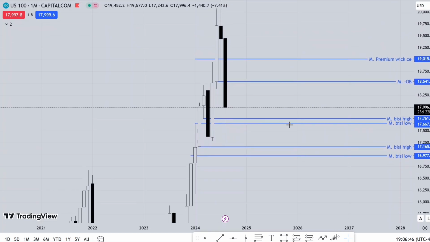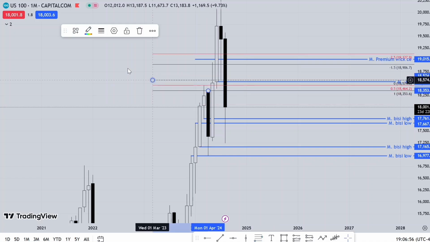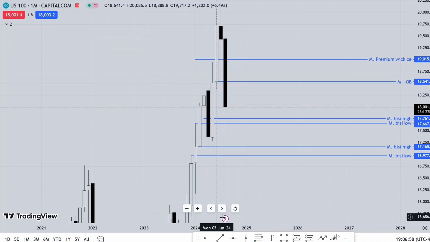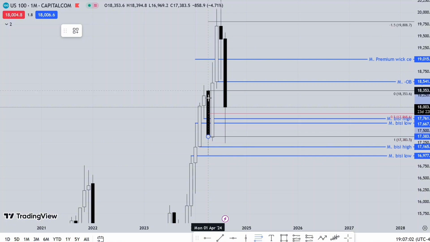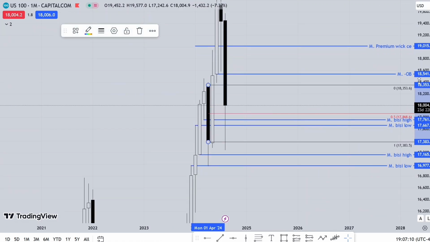Here this down close candle is a bullish order block. I'm interested in the high and the midpoint of it. I'm interested in the highest body and the lowest body and the mid of that order block.